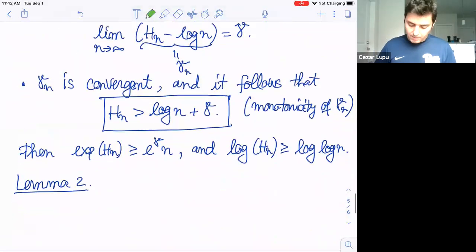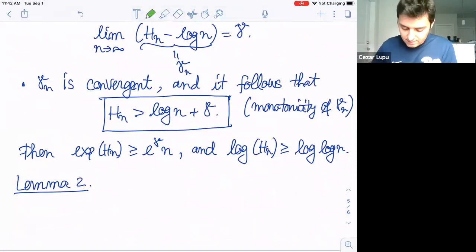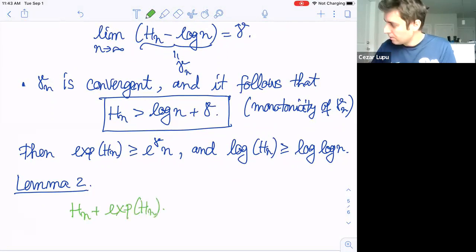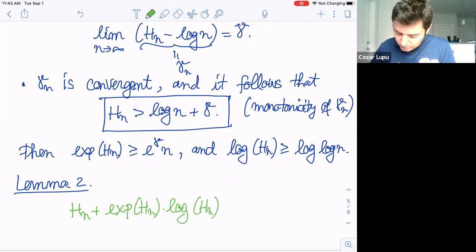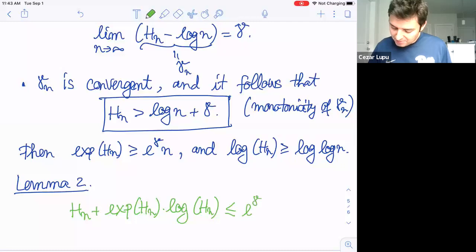What I prove is the following, but now I want to add something else, I want to add hn as well. And what we'll have is the following. This will be less or equal, kind of the same thing, and log n.